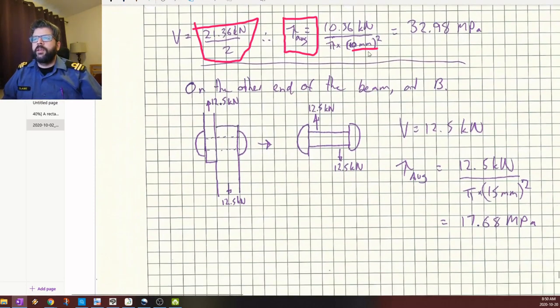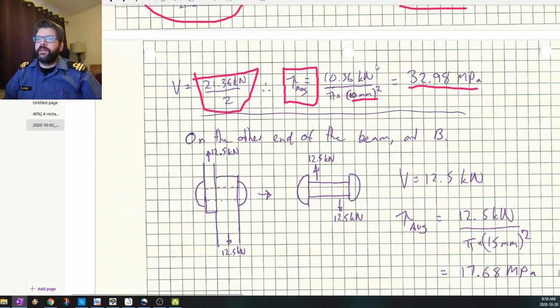Once you punch everything in, that ends up being 32.98 megapascals. The way I get to the megapascals is this number divided by these numbers gives us 0.3298. But the units there are kilonewtons per millimeter squared.